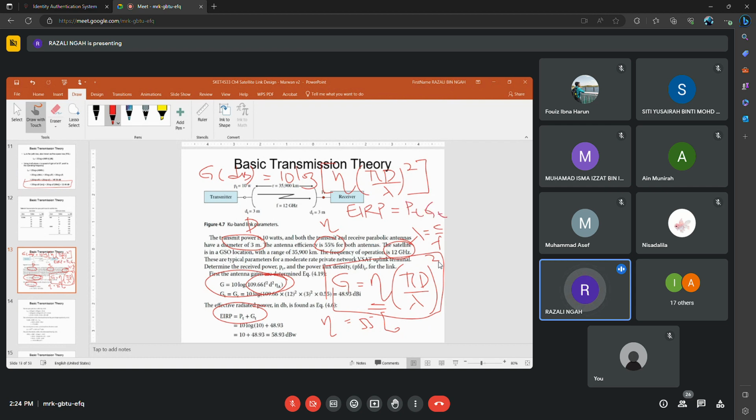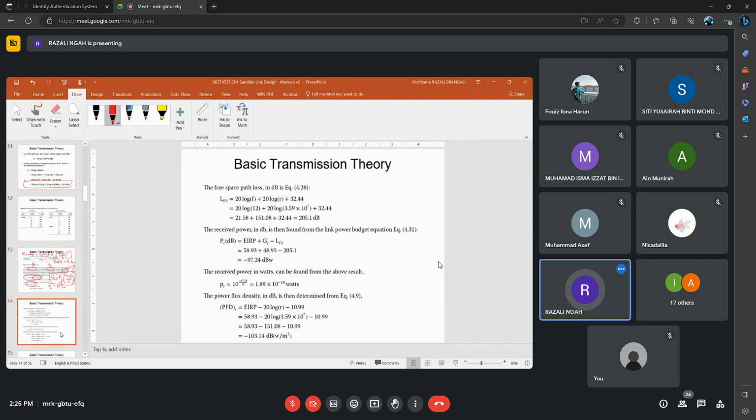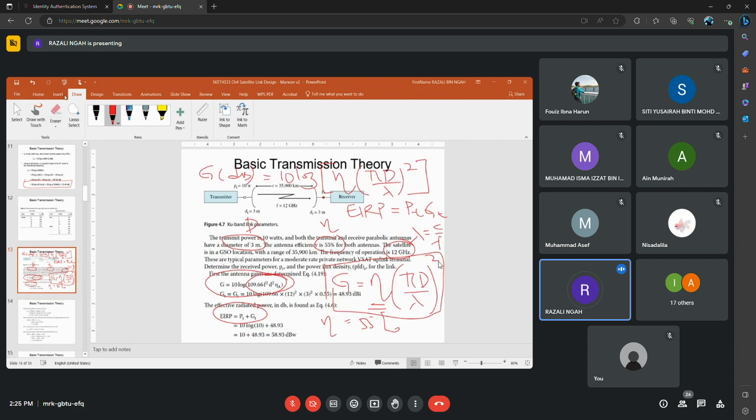But in satellite, because we need to consider a worst case scenario, we have to take into account any losses from the amplifier to the antenna, because EIRP actually is related to, let me add new.